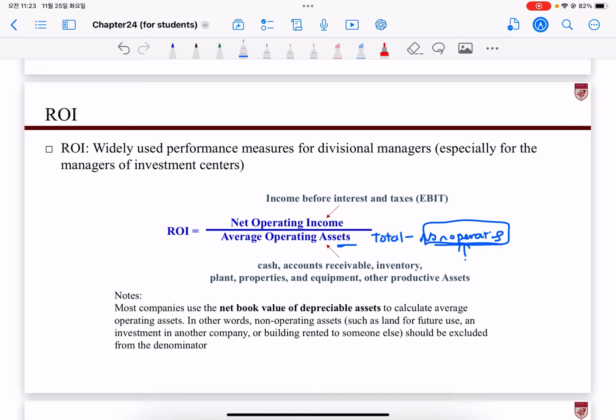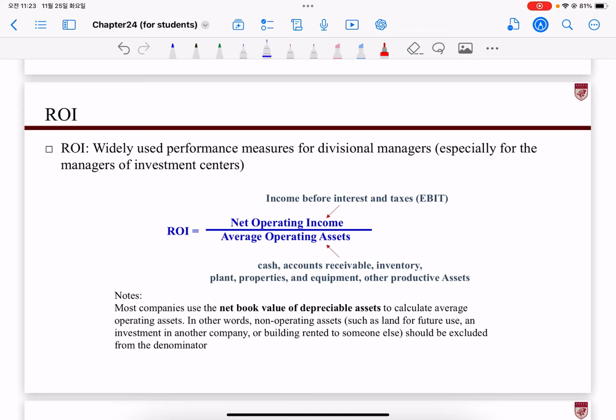And these do not generate any sales. No sales, right? So why would you want to include those assets that are not operating and not generating sales? Whereas we are interested in how much income we can gain on the assets that we are able to operate, right? So in order to have one-on-one, we want net operating income over average operating assets. Okay.